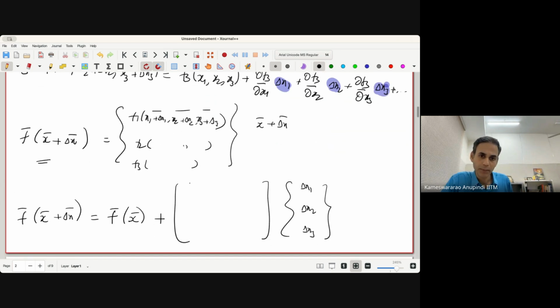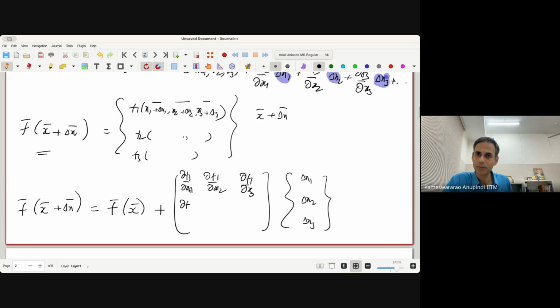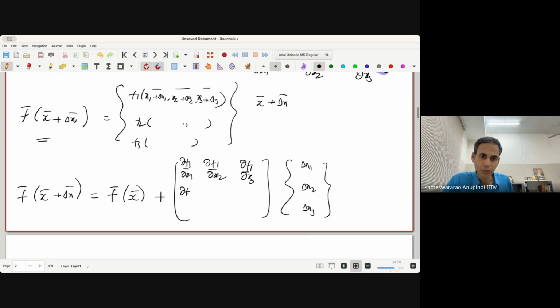Then the second row is partial f2 by partial x1, partial f2 by partial x2, partial f2 by partial x3, with f2 fixed.